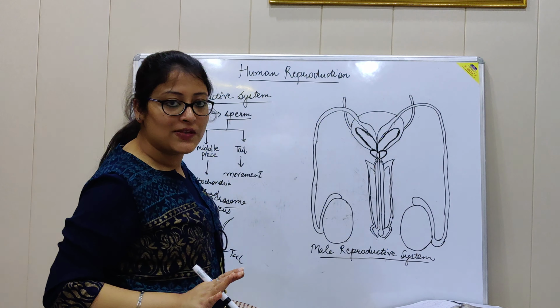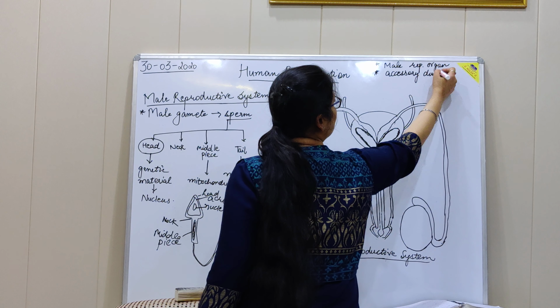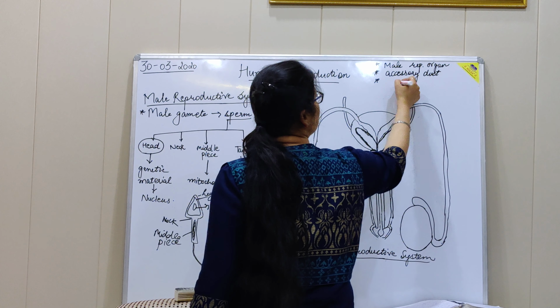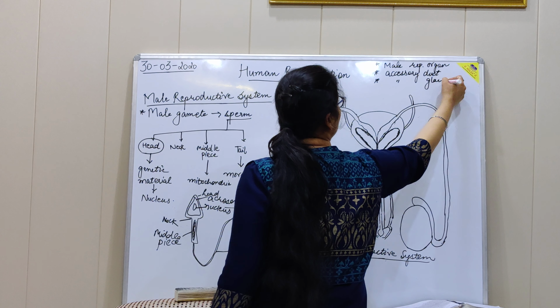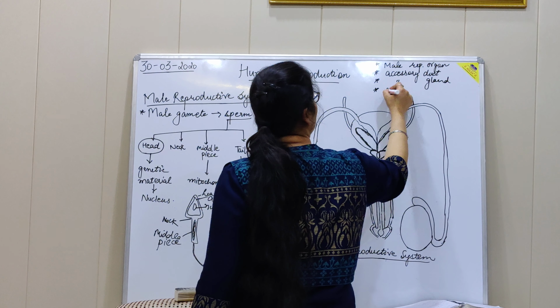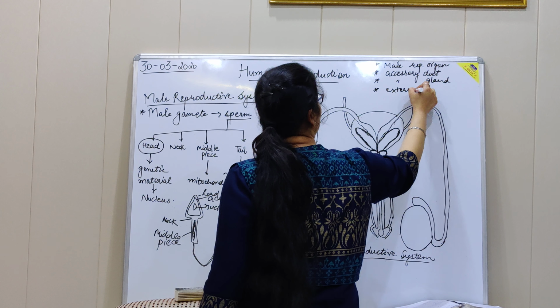In the male reproductive system, we'll study 4 things: male reproductive organ, second is accessory duct, then accessory gland, and external genitalia.